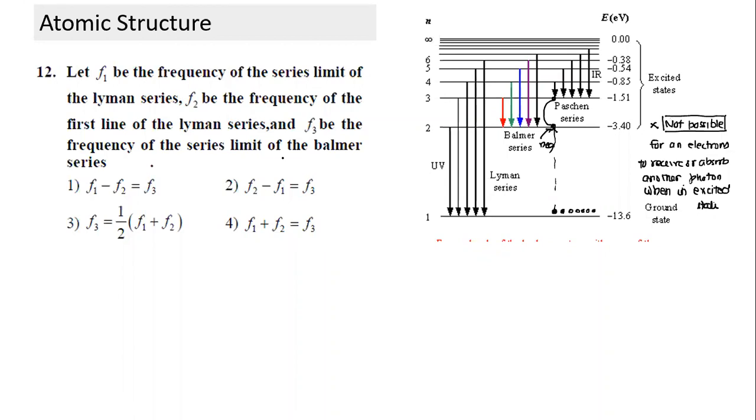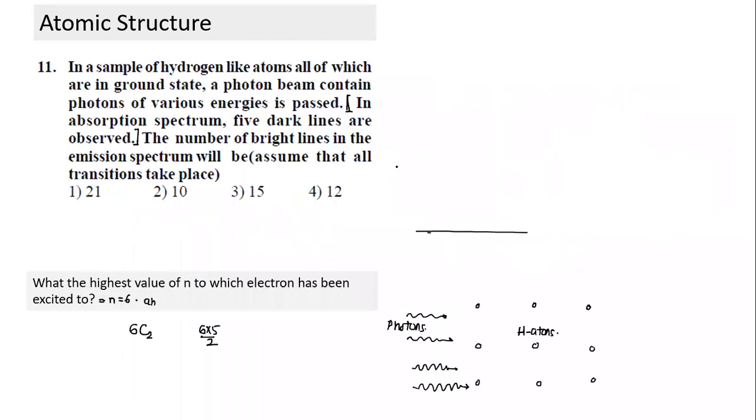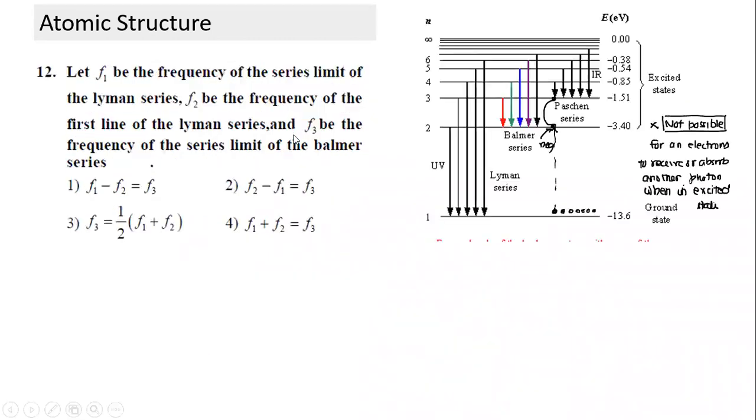So what has happened in the previous question? 5 dark lines were observed. What were the 5 dark lines? One dark line corresponds to 1 to 2, the second to 2 to 3, the third to 3 to 4, and the fourth and fifth likewise. The 5 dark lines correspond to excitation to the second level.